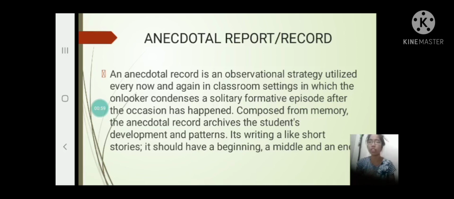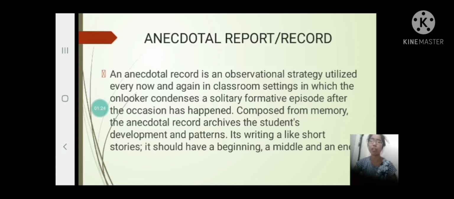Of course, in anecdotal report, we can know if the children or the specific student is knowledgeable, kung may alam na siya, kung may basis na ba siya dun sa isang specific topic or subject na meron ka. Doon mo malalaman kung ang bata is interested sa mga bagay-bagay na connected sa subject mo.